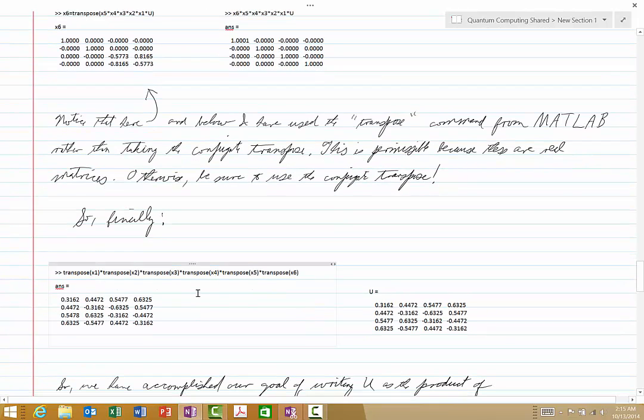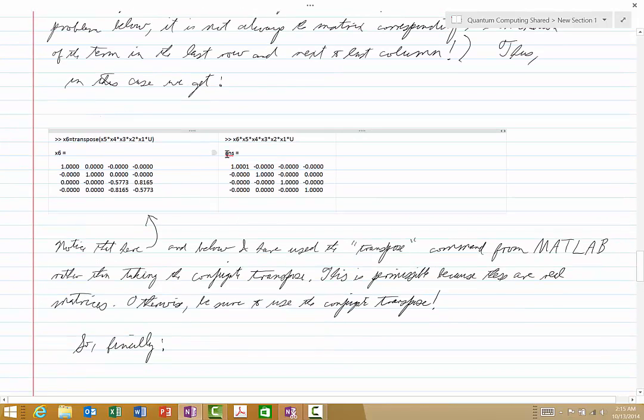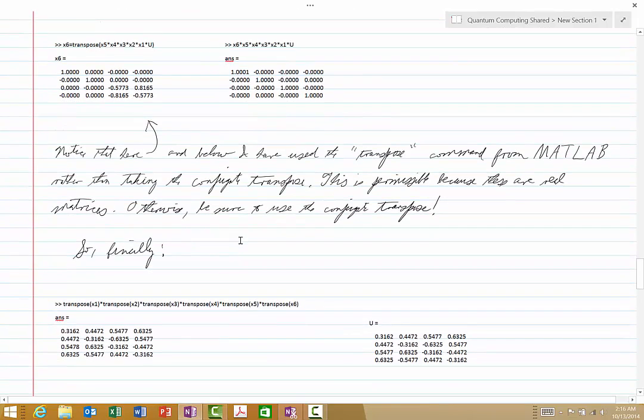And so finally, remember, once we get X6 times X5 times X4 times X3 times X2 times X1 times U equal to the identity matrix, then we can say U is equal to the conjugate transpose of X1 times the conjugate transpose of X2 times the conjugate transpose of X3 times the conjugate transpose of X4 times the conjugate transpose of X5 times the conjugate transpose of X6.